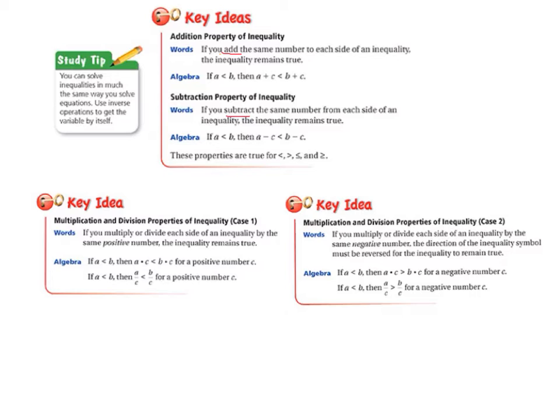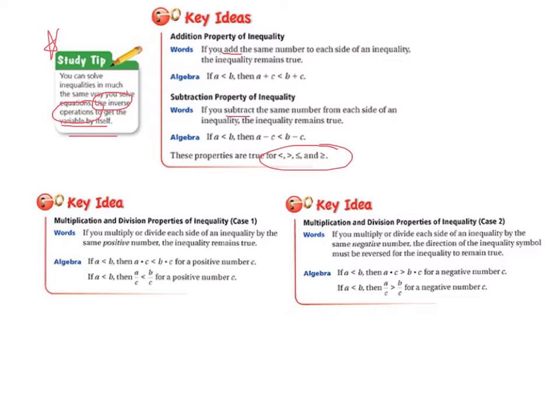So these properties are true for less than, greater than, less than or equal to, or greater than or equal to. This study tip over to the left is important also, where you can solve inequalities in much the same way as you solve equations. You use inverse operations to get the variable by itself.